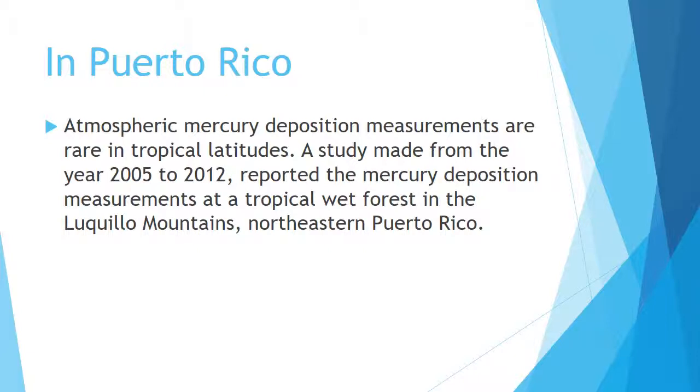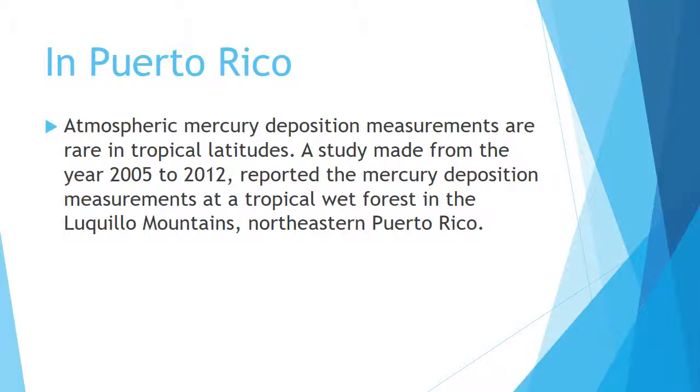Despite receiving unpolluted air of the Atlantic Ocean from the northeasterly trade winds during 2 complete years, the site reported about 30% more mercury deposition than Florida and the Gulf Coast, which are currently the highest deposition area in the U.S.